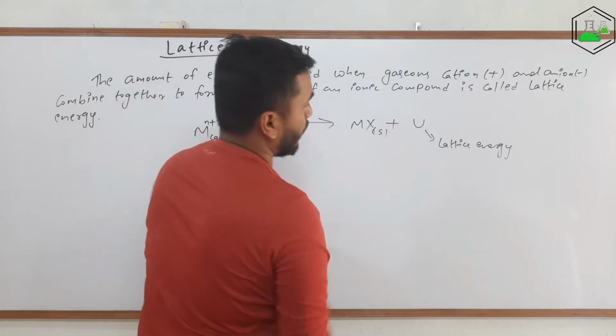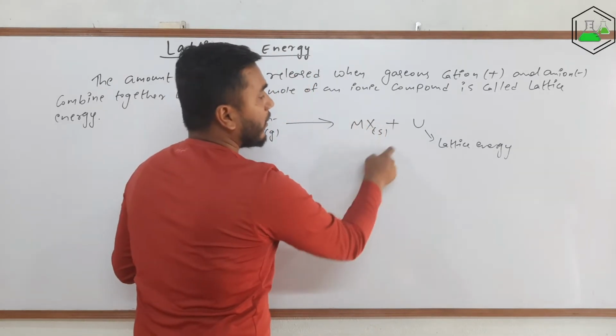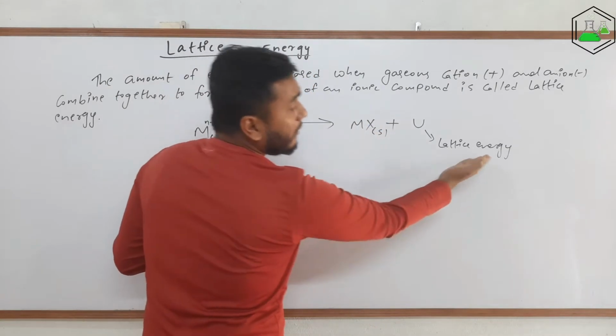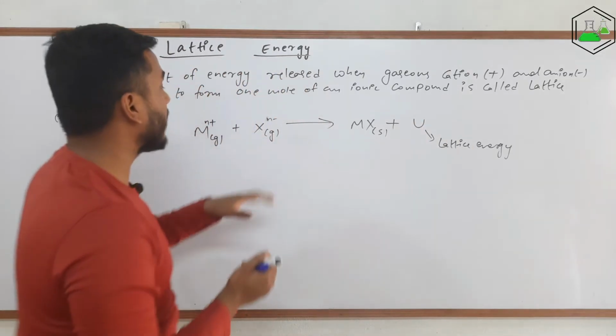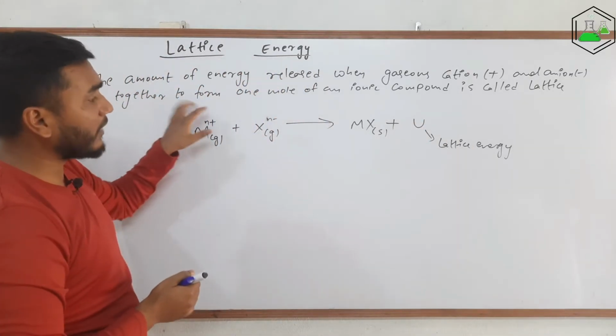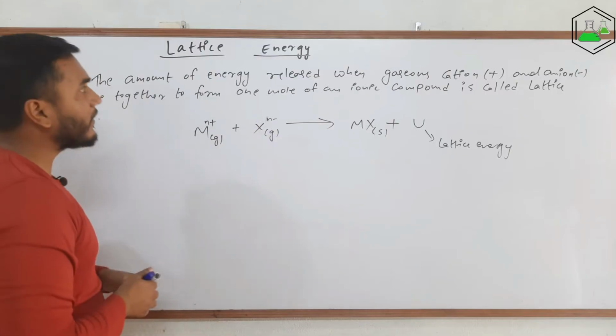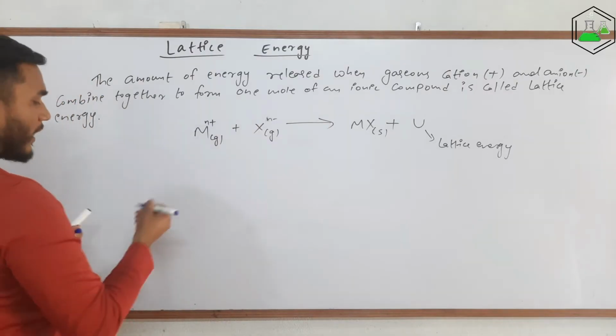Now let's see the reverse way. There is an ionic compound that is in solid state. Some energy is being added to it and it is converting into the metal cation and non-metal anion. So we can define lattice energy in another way as well.